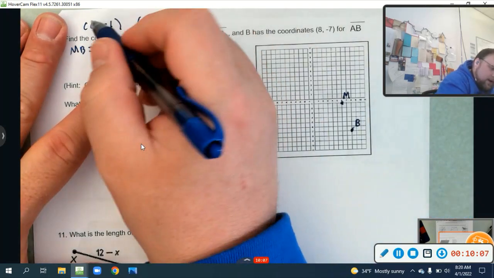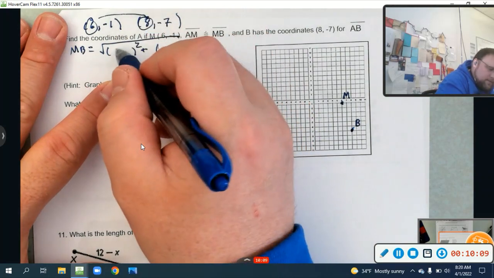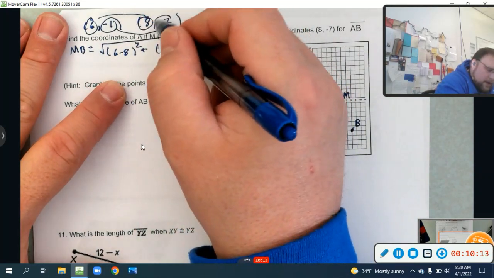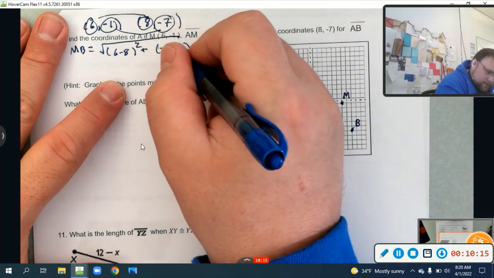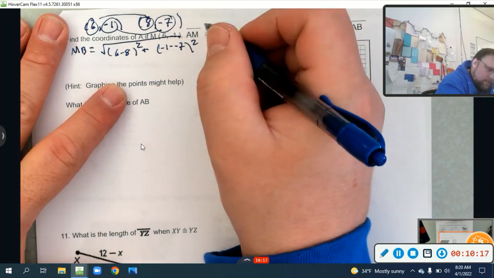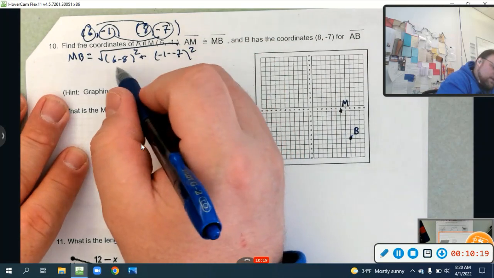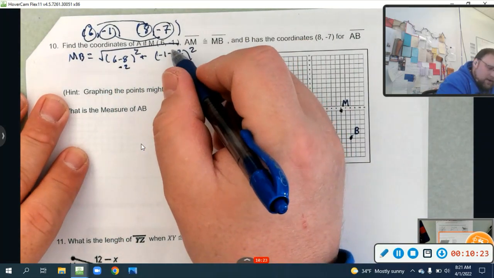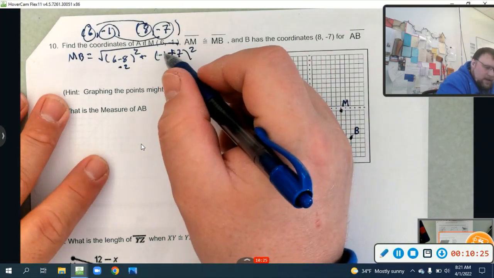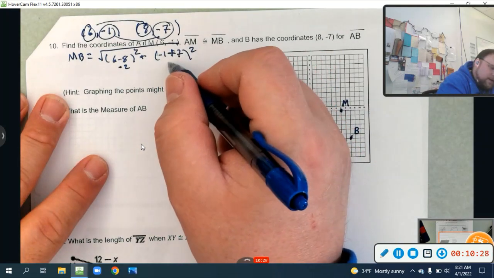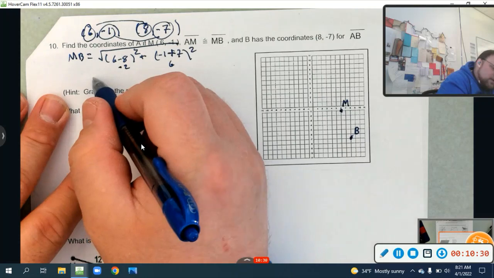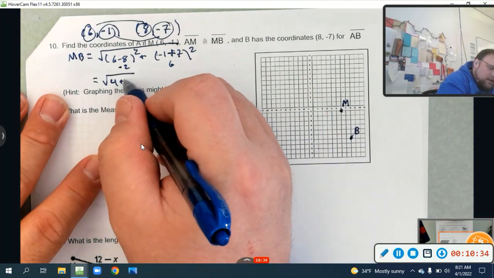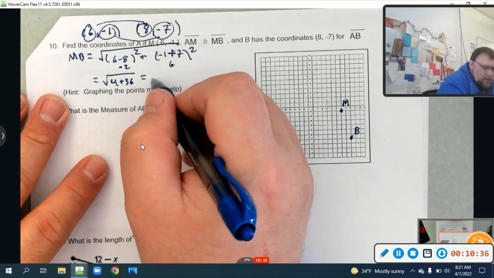I'm going to have 6 minus 8 and negative 1 minus negative 7. And so that's going to be what? Negative 2 squared, and that's going to turn into a plus, negative 1 plus 7 is 6 squared. So this is going to equal the square root of 4 plus 36, which equals the square root of 40.